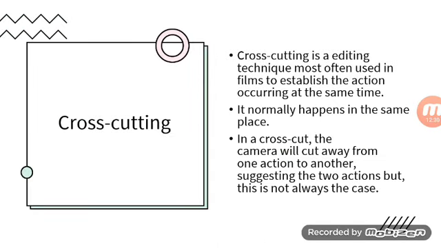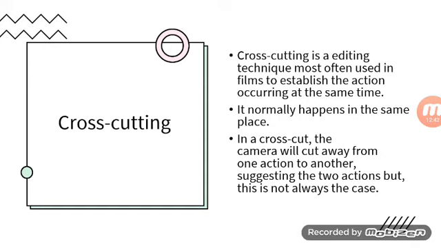So, cross-cutting is an editing technique most often used in films to establish action occurring at the same time. This normally happens in the same place.